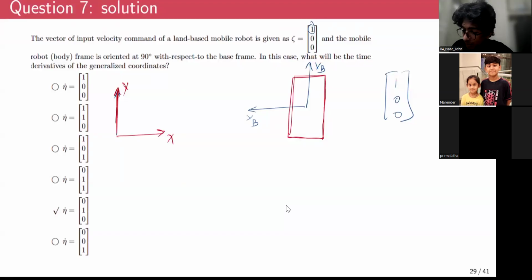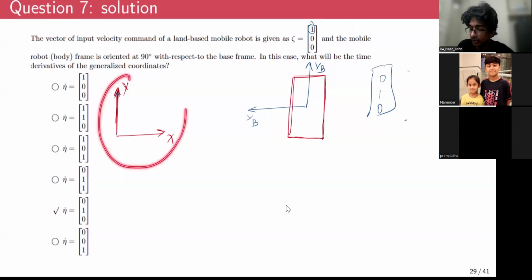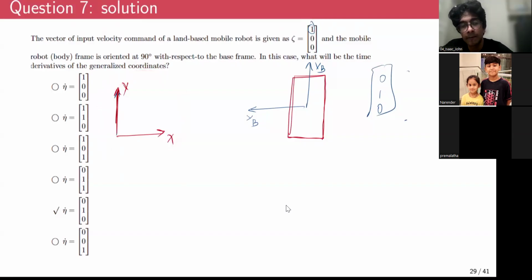I'll give you one more example. Instead of 100, if the velocity was 010 with respect to the body frame, how would it look in the fixed frame? 010 means it moves along the YB axis in this direction.